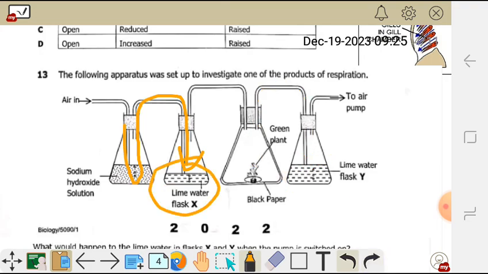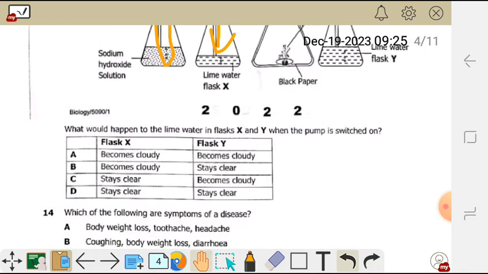But here it is going to remain clear. Why? Because sodium hydroxide here has reacted with that carbon dioxide from the air. So here it is clear, there it is going to turn cloudy. So the correct answer here, X stays clear and Y becomes cloudy. So the correct answer is C for question 13.